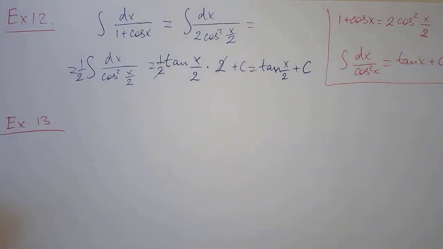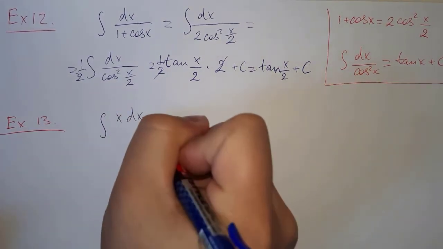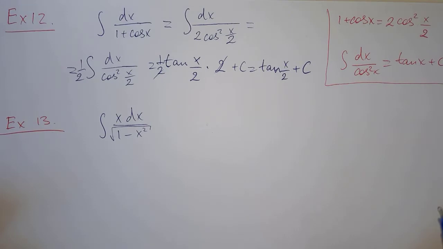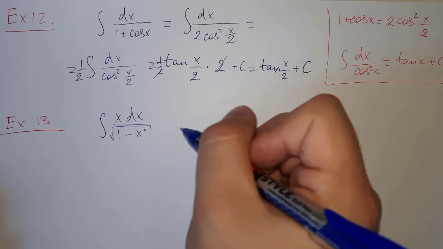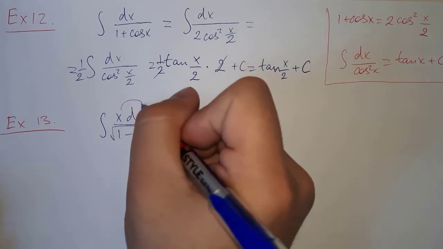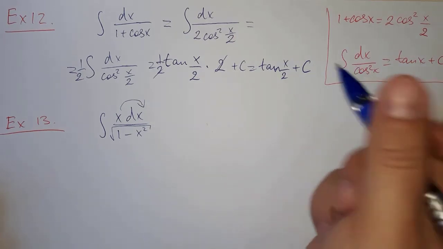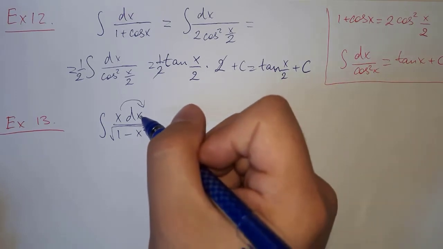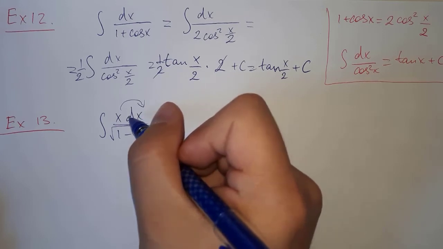It is the integral of x dx over the square root of 1 minus x squared. Directly we cannot compute it, but if we write our x inside of our differential, how will it be? The differential is the derivative. So in which function, if we take the derivative, do we have x?